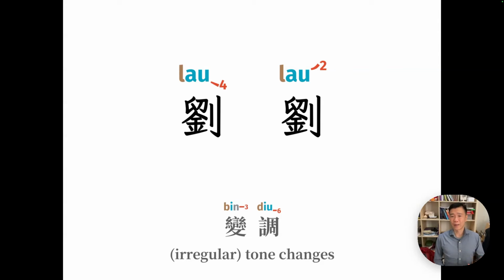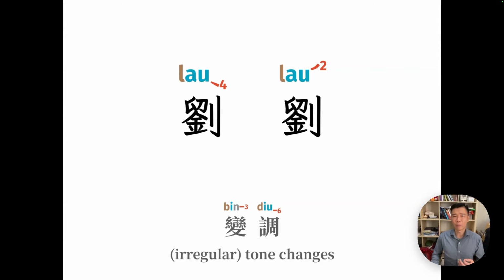But in other cases, it would be Lao, with a different tone. We would change the tone from the lower 4 into an upper 2. This mixes with other languages. So if we want to say Lao Sir, that would also receive a tone change.